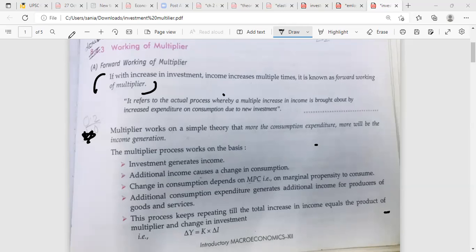Ma'am, only the first line, right? Only till working of multiplier, right? No. After that, you will write this point, and after that, this. The multiplier process works on this basis. These are the bases on which multiplier works. The entire thing till here. Okay, ma'am.